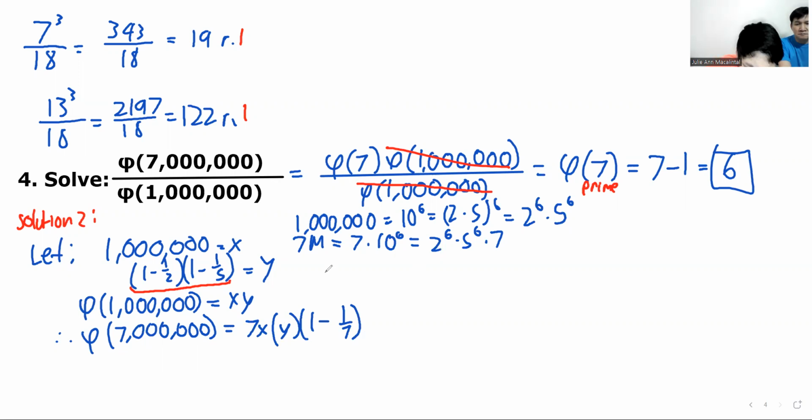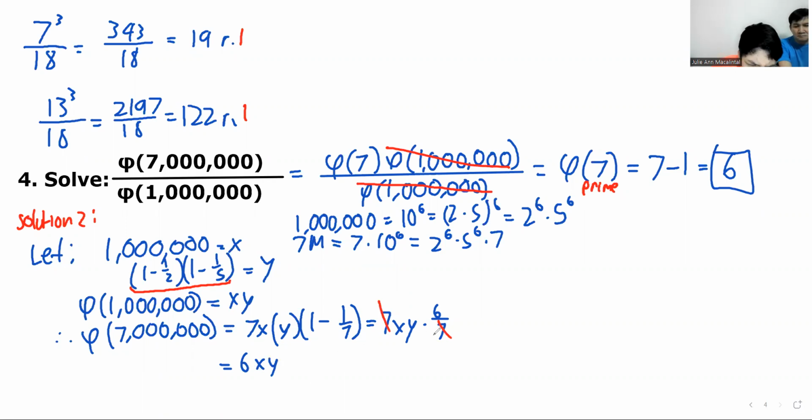The phi function of 1 million is xy. So now I will simplify this. This is 7xy times 6 over 7 equals 6xy, because the 7 is cancelled.